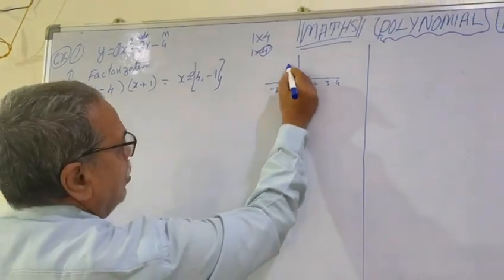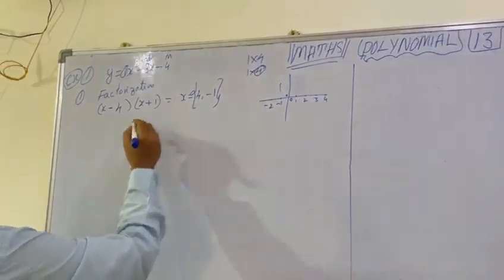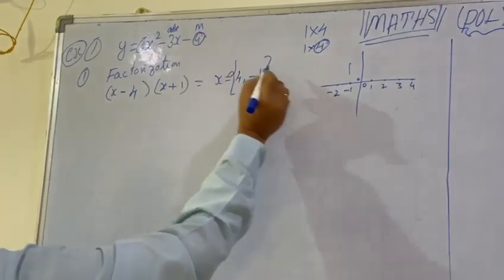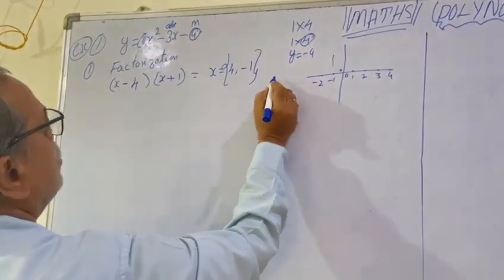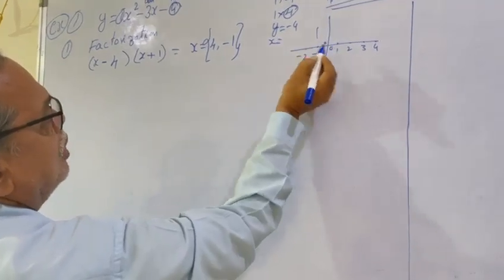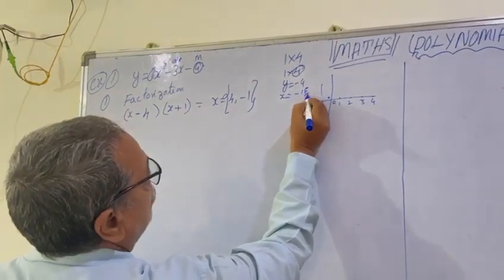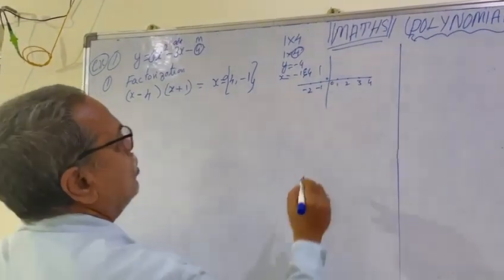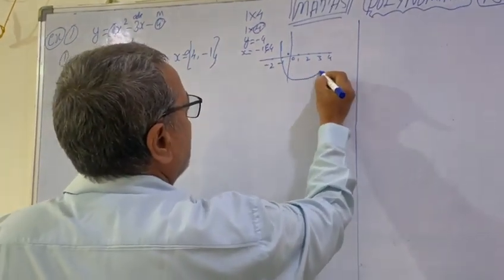So you will have to draw this minus 1 up to where? Y is equal to minus 4. X is equal to what? Minus 1 and 4. You will have to draw this figure in that way on the 4.